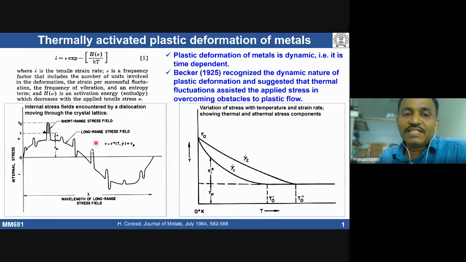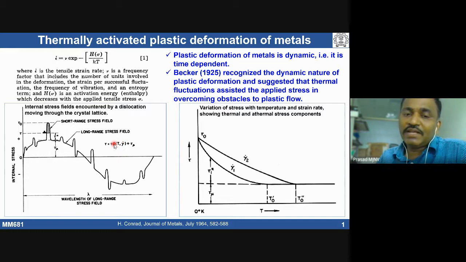That means the total stress required for plastic deformation to take place, if I talk in terms of shear stress, is the summation of the stress required for overcoming athermal barriers and the stress required for overcoming thermal barriers.